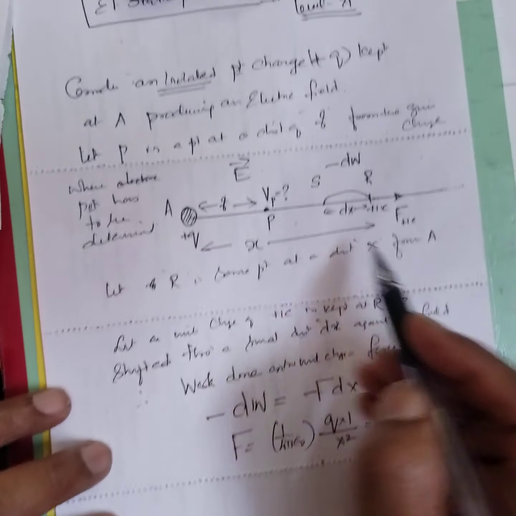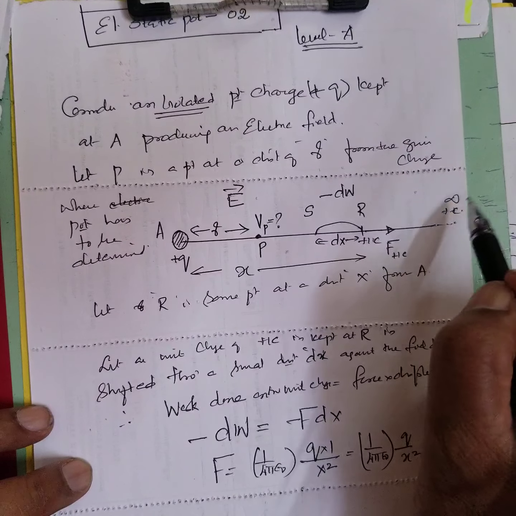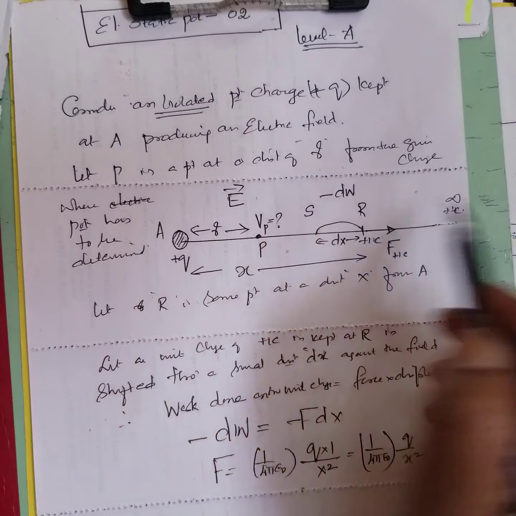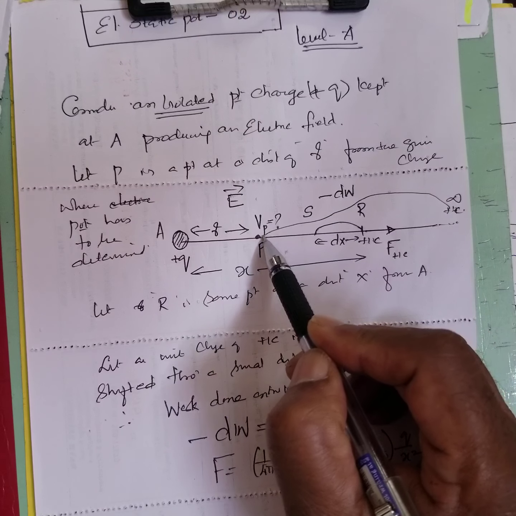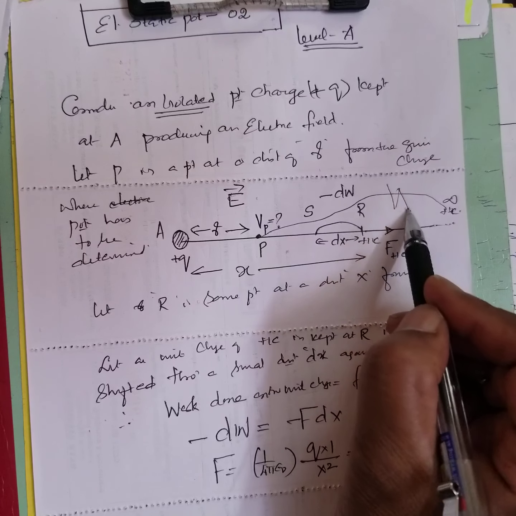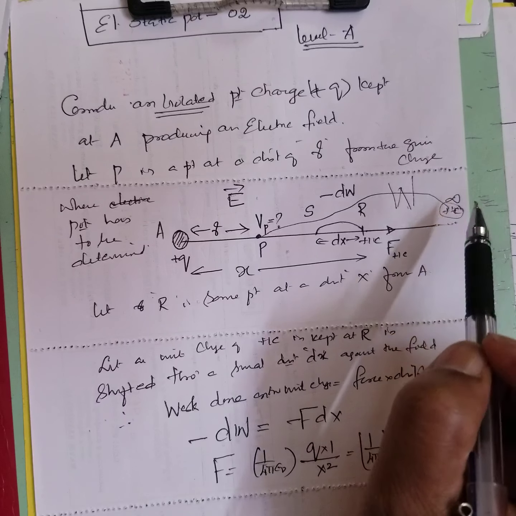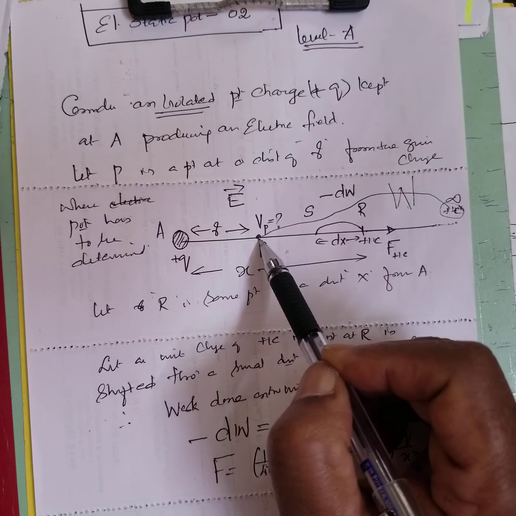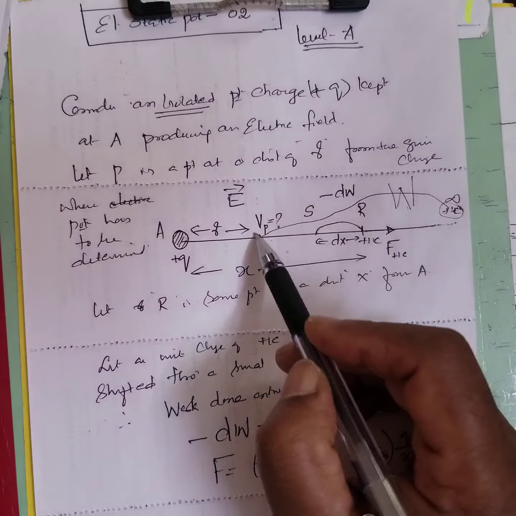Now, if you keep a positive charge at infinity, a far off distance, it will not experience any force. Then what is the total work done in bringing the unit positive charge from infinity to this point against the field direction? This is nothing but the definition of potential at the point.